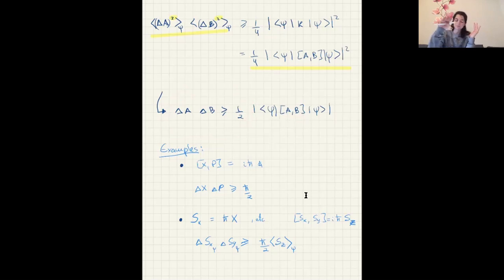So if you want to measure the second one, then the result will have very little to do with the initial state. And the easier way to see it is that if this commutator is non-zero, then they don't share a basis of eigenvectors, right?